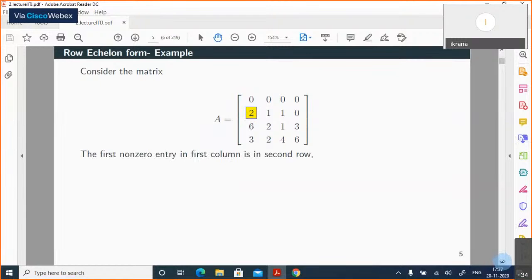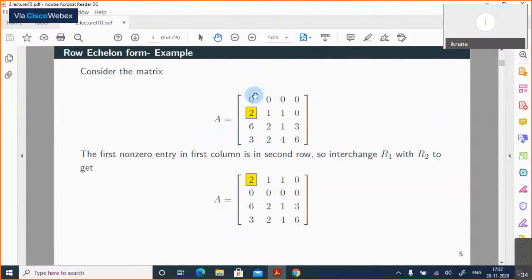So once that we are done, our row will go up. So this 2 will go up. So 2, 1, 1, 1, 0. And 0, 0, 0 will come down. Okay. Right. And now what we do is we can make everything below this 0 by multiplying this first row by -3 and adding it here so that this entry becomes 0.